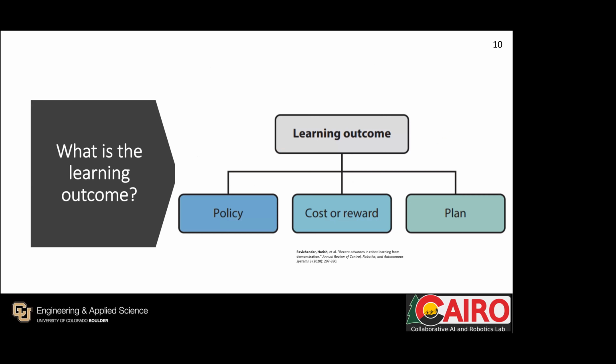This is certainly a more categorical approach than a simple spectrum of abstraction, and obviously it has its shortcomings, but I think it best captures the nature of the field as it currently stands. In this categorization, there are essentially three types of models for LfD: policy-based, cost or reward-based, and plan-based.